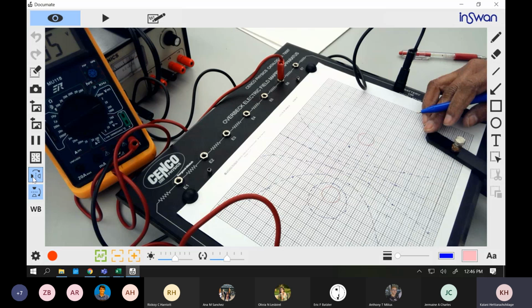It has some auto power off. Actually, these couple of points are a little off. It's okay.